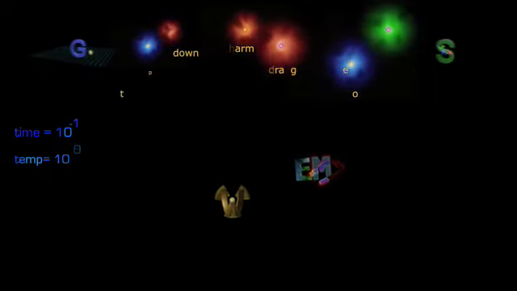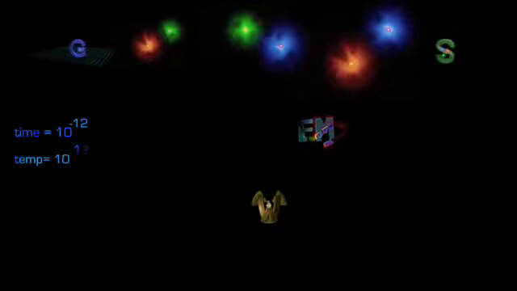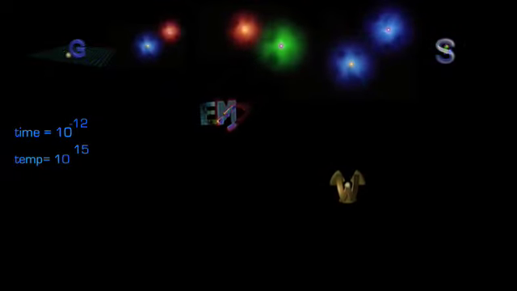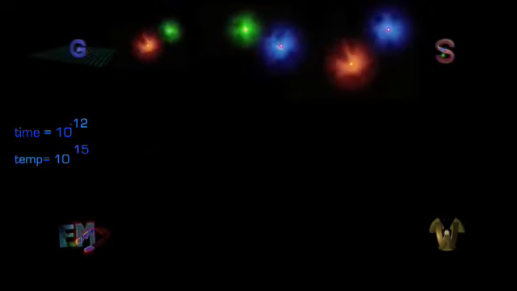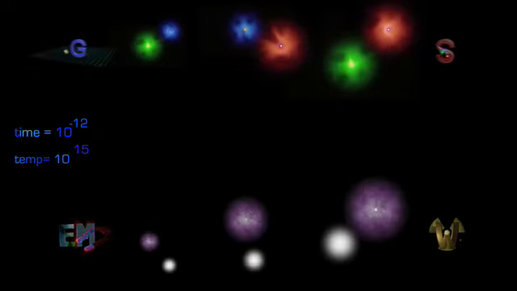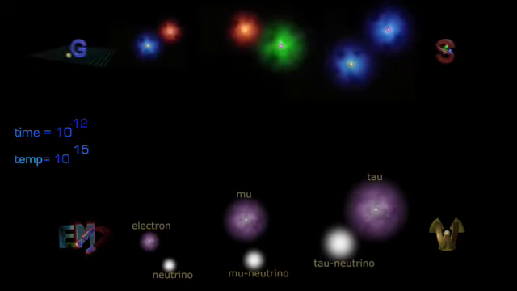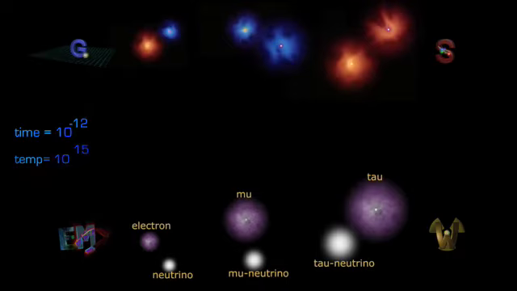At 10 to minus 12 seconds and 10 to 15 degrees, the weak force and electromagnetism separate, and we have the 4 independent forces we know today. At this point, all 6 types of leptons have formed, including the electron.